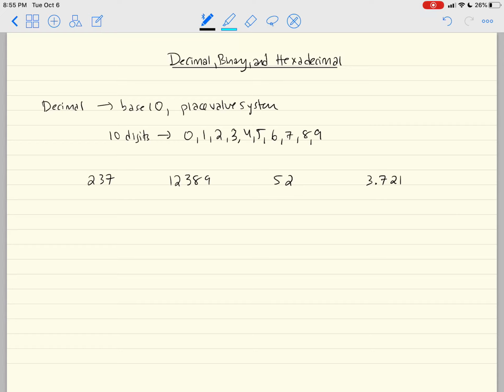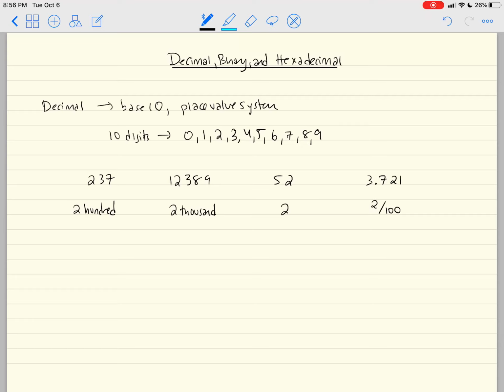In our first example, the 2 means 200. In our second example, it means 2,000. Here it just means 2. And here it means 2 hundredths. So different meaning for different place values.